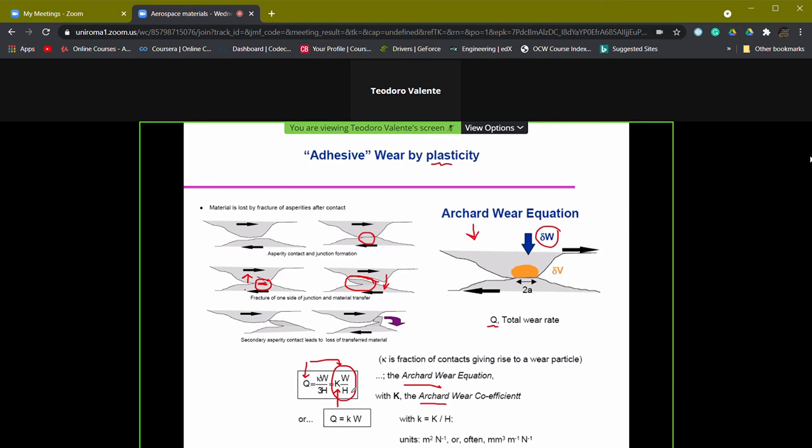And we can have different methodologies to increase the hardness of the surfaces, starting from increasing the hardness of the metallic alloys through thermal treatments, for example. We will discuss this a little bit, or by using, for example, coatings having a hardness higher than that of the bulk materials.